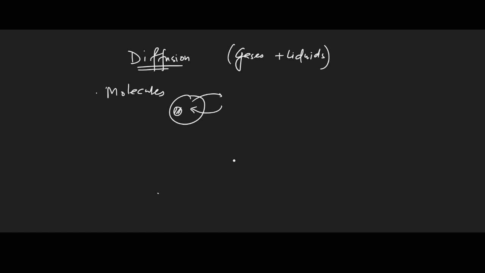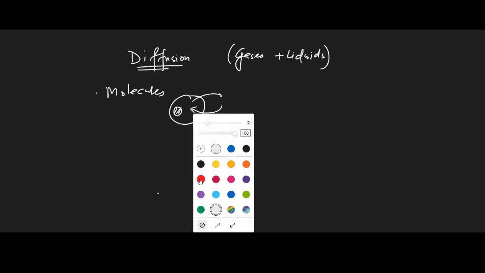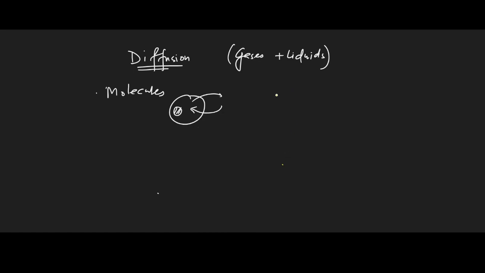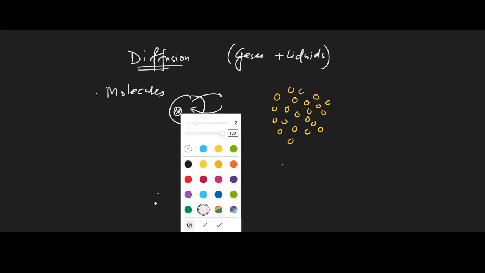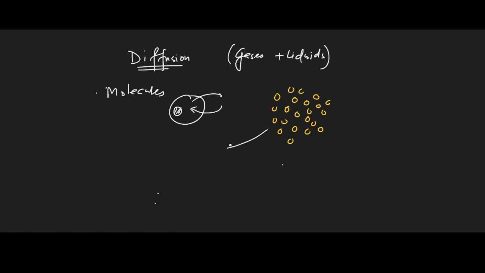So diffusion here is described as the movement of molecules. If these are molecules over here, and over here the molecules are very crowded, a lot of yellow molecules. Diffusion is the process by which molecules move from a region of their higher concentration to a region of their lower concentration.